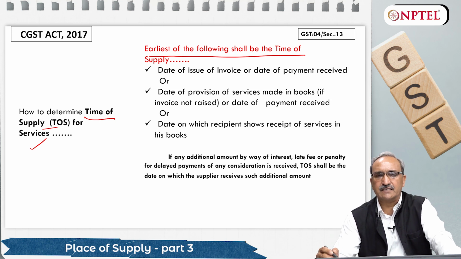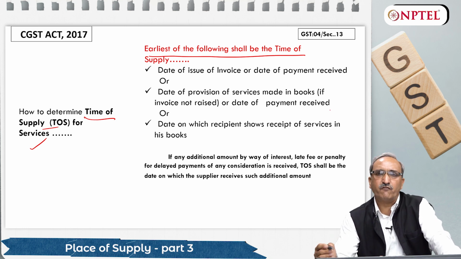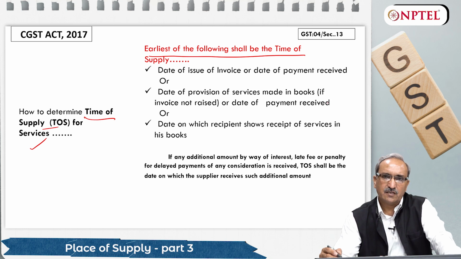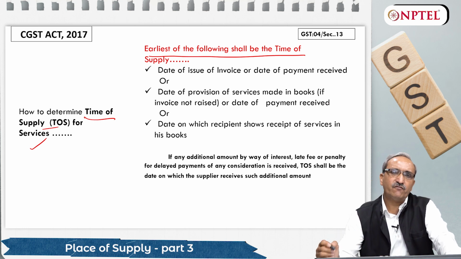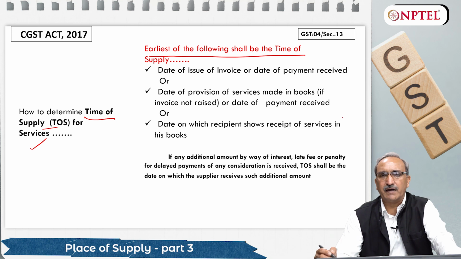And we have seen that for issue of invoices under services, the time period varies from 30 to 45 days. So if there is a delay in filing or paying tax by 30 or 45 days, it's a huge loss to the government, because we are delaying payment of taxes.